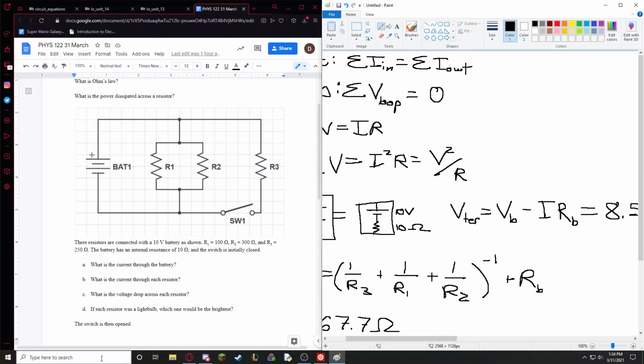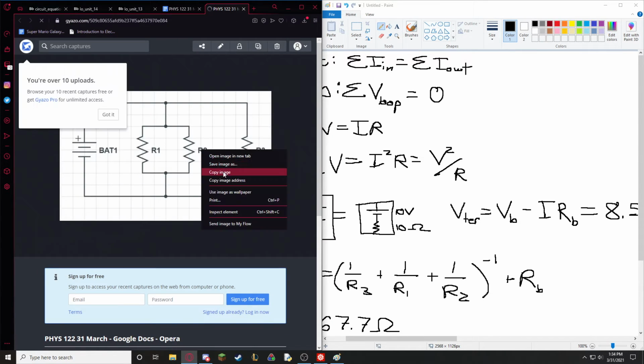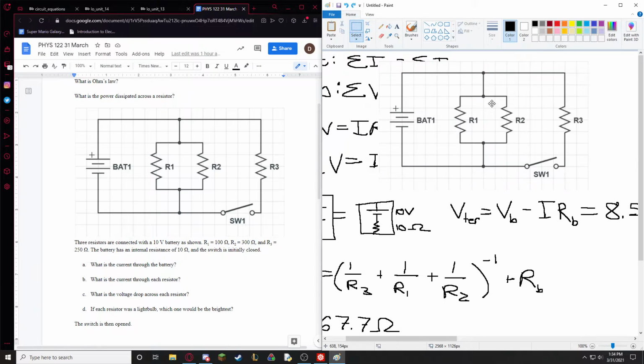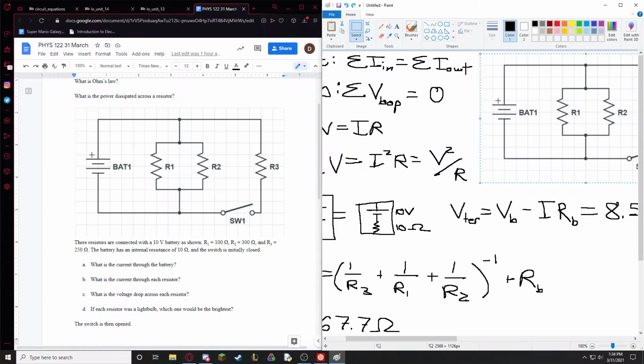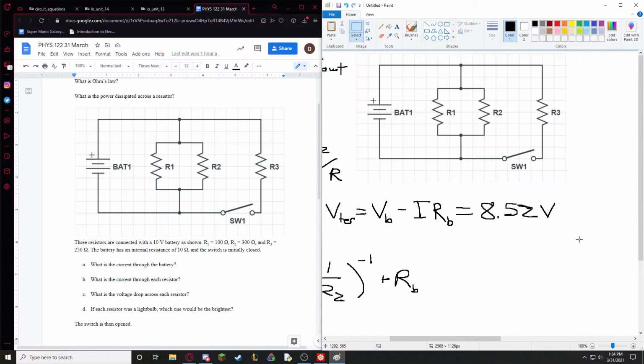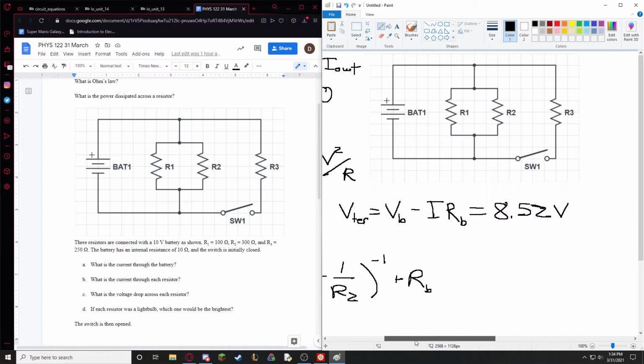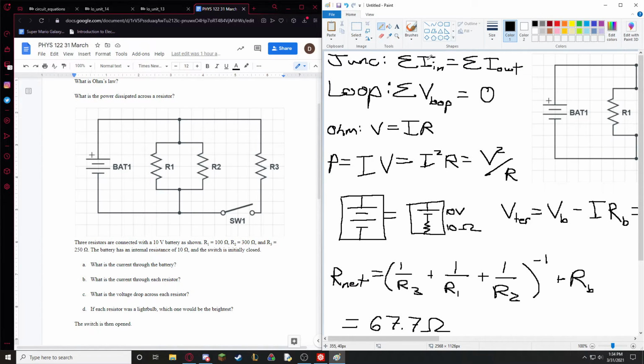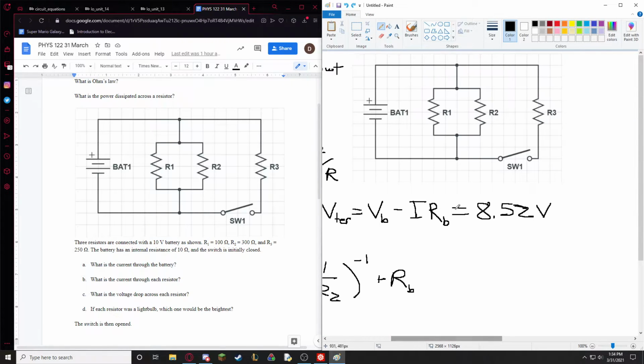So let me go ahead and get this image over here. If we take a look at our circuit, we can use this loop law, where the voltage around any loop sums to zero.